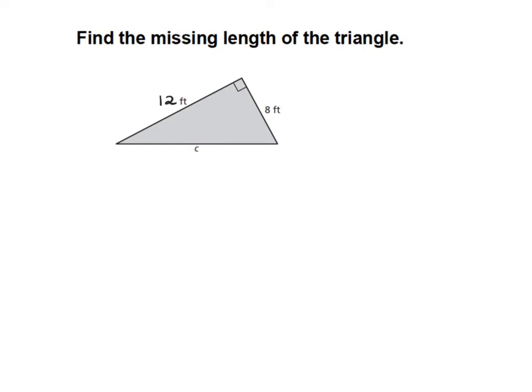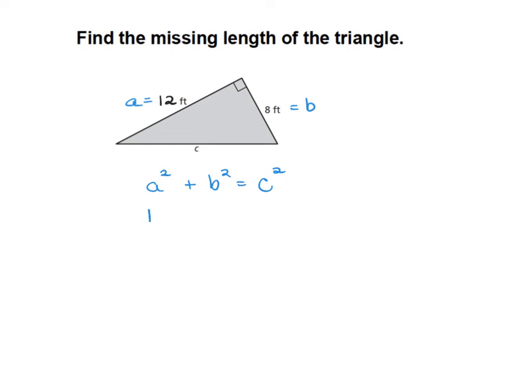Always start by writing your formula. A squared plus B squared equals C squared. Choose a length for A and a length for B. And now we are going to plug in our numbers.